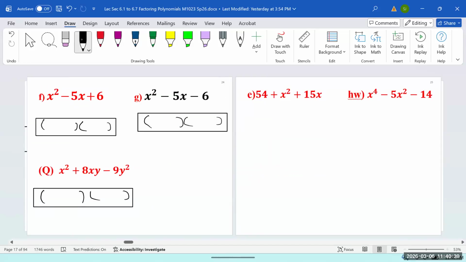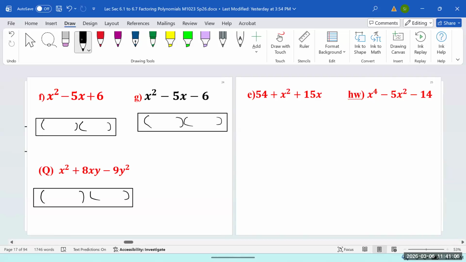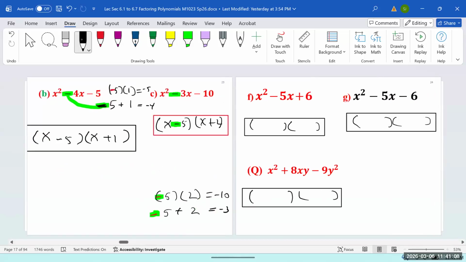Do I have more? I have more. Do I have more? No. So if you want to see the last page, when you get that.